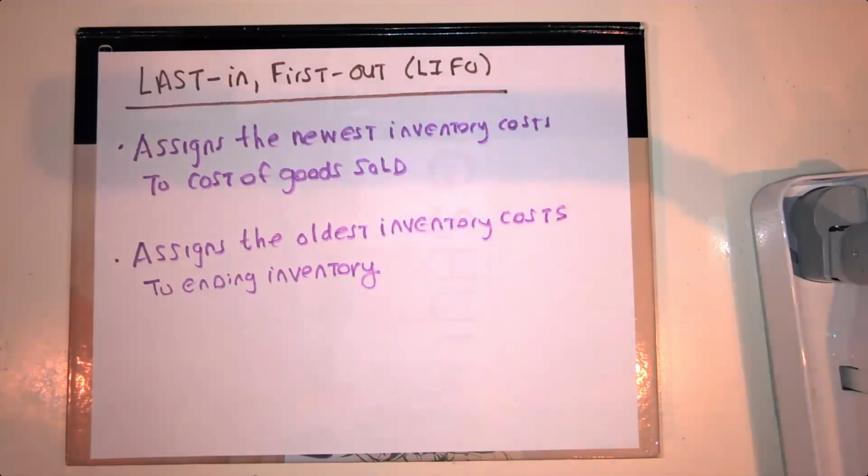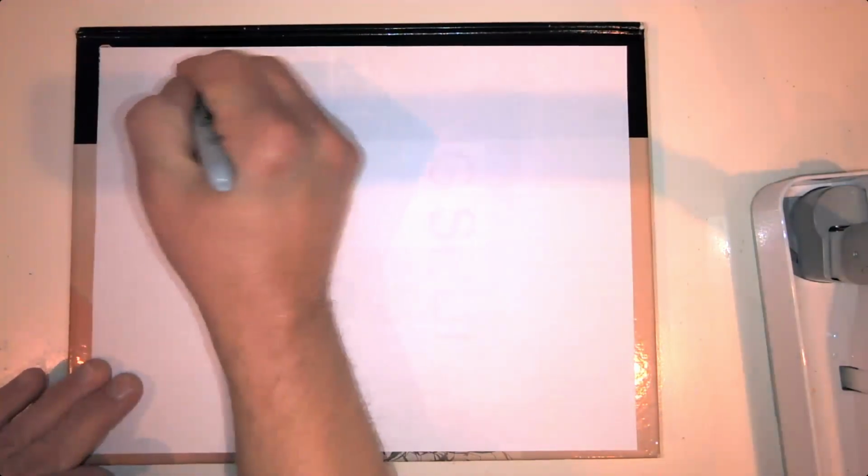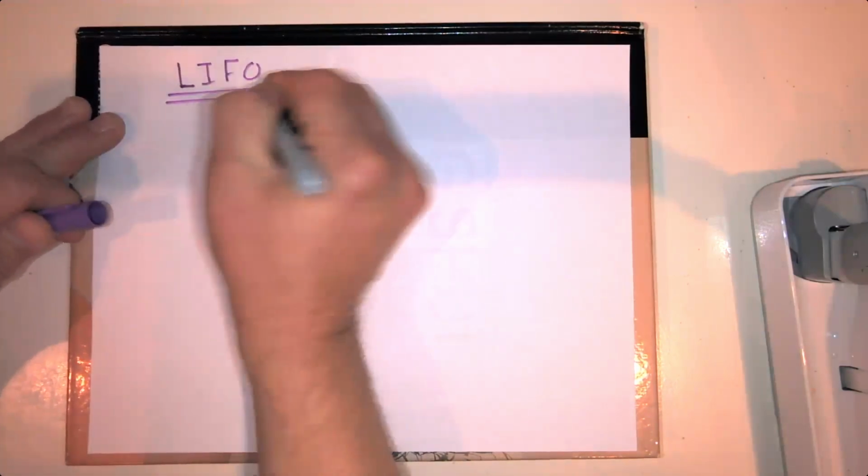Connor, can you tell me just one real quick? So they've asked us to calculate the ending inventory using LIFO. In fact, let me get this set up here. So we're using LIFO, and they've asked for the ending inventory.